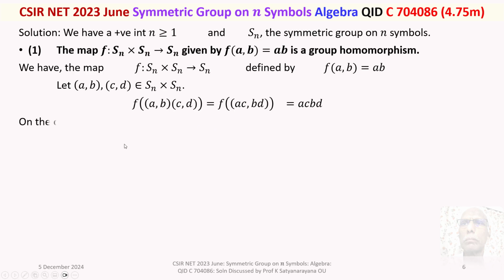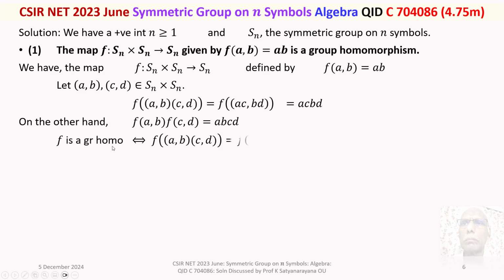On the other hand, f of (a, b) multiplied by f of (c, d), if we show that this is equal to the earlier one, for all (a, b), (c, d) belonging to Sn cross Sn, then it will be a homomorphism. So on the other hand, f of (a, b) is ab, f of (c, d) is cd. So it is abcd. So to be a homomorphism, these two must be equal.